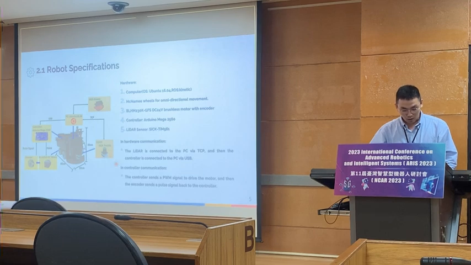In hardware communication, the LiDAR is connected to the PC via TCP, and the controller is connected to the PC via USB. In controller communication, the controller sends a PWM signal to drive the motor, and then the encoder sends a pulse signal back to the controller.